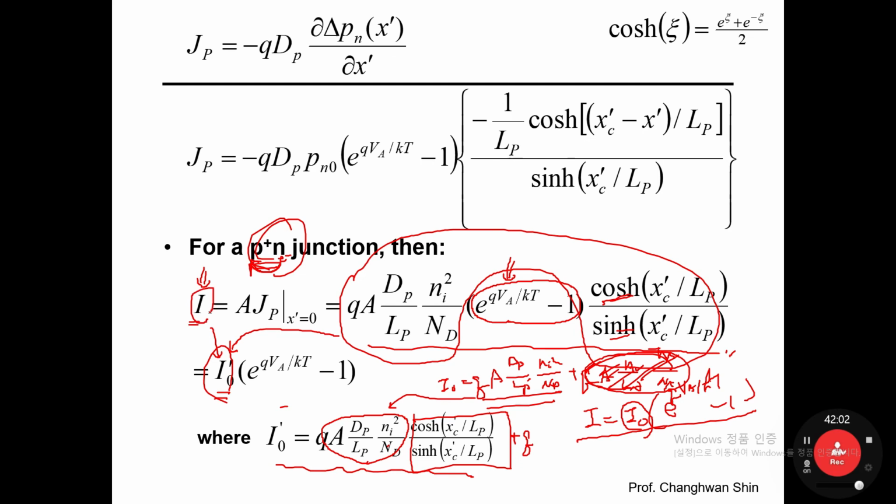So current flow I in the P plus N junction is I naught prime times exponential qVA over kT minus 1. This is really the same format as the ideal diode equation. However, I naught prime becomes more complicated with the hyperbolic cosine and hyperbolic sine terms.